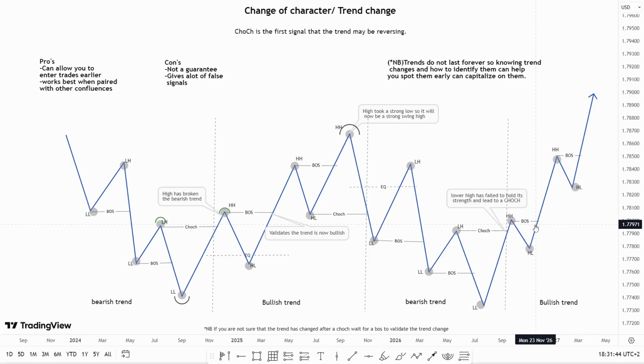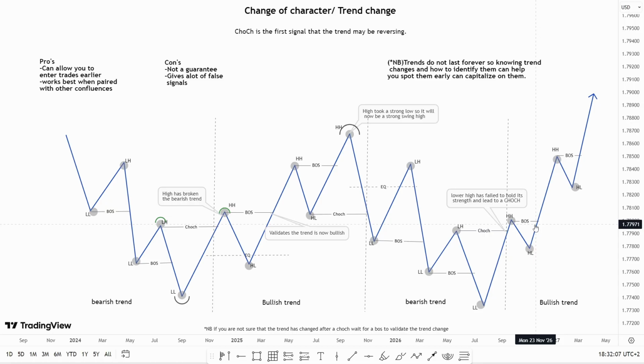So if you're not sure that the trend has changed after a change of character, usually wait for a break of structure. Break of structure is one of the most important ones to validate that the trend has officially changed. If you don't see a break of structure after a change of character, usually that indicates that it's a false breakout.